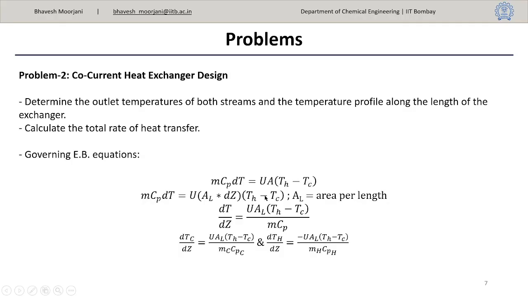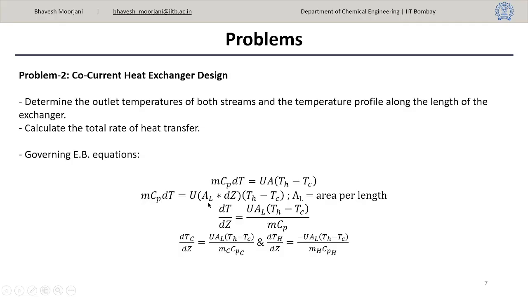Here, mCp delta T shows the change in energy of any stream, be it the hot or cold stream, and that heat is transferred via the tube. So UA delta T, the heat transferred via the tube, will be equivalent to the fluid temperature change.